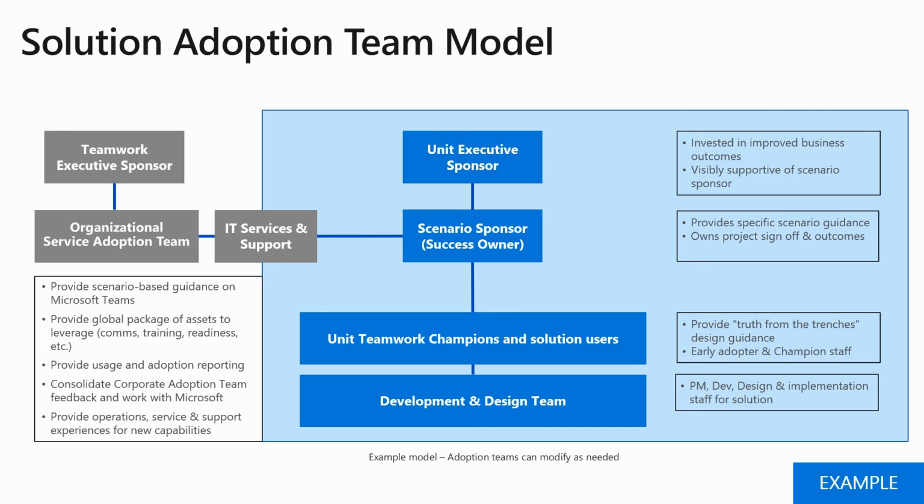But the key here is in whatever model you choose to use, having executive sponsorship, having someone with deep business knowledge as your success owner, making sure you have champions and you have the right kind of IT service support and technical readiness will enable you to be successful as you are both assigning the work from the various work streams as well as crafting this band of change agents who are going to drive through sustainable change and technology literacy throughout your organization.